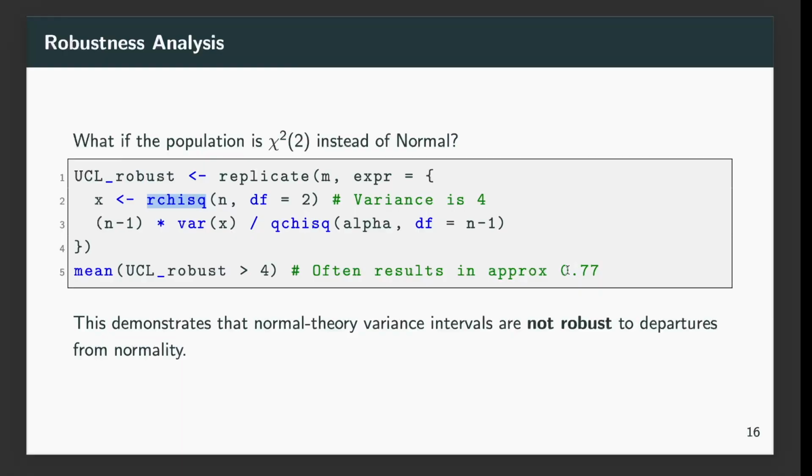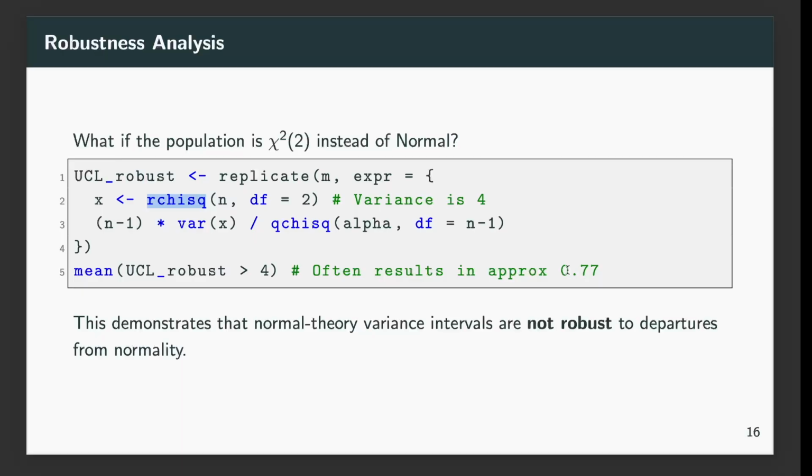So what are the implications of this? We try to understand what this means. You compute a 95% confidence interval for sigma squared, and we use the correct formula, but the data is not normal.